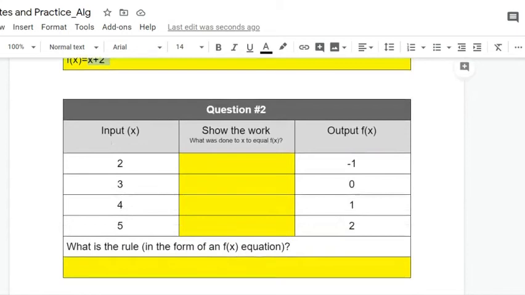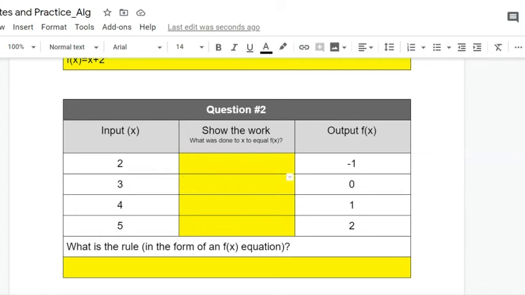So now let's look at question 2. I'm going to just leave you with a possible. So we have 2 to negative 1, 3 to 0, 4 to 1, and 5 to 2. Now, I mentioned zeros in question 1. Zeros, to me, make things a little bit easier. So we have 3 to 0. Well, there's 2 things that I immediately think of that would make 3 equal 0.